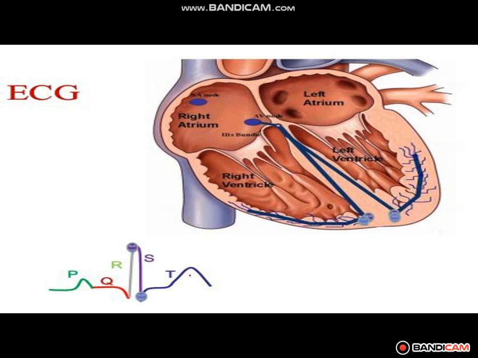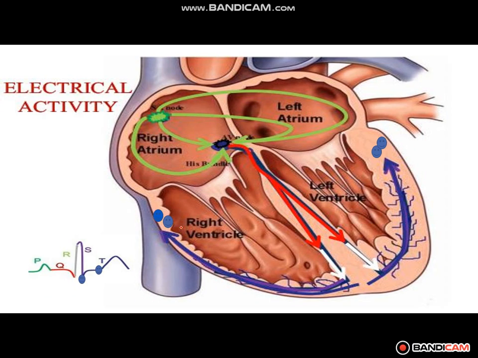When they are at the middle point and near the apex, they produce the first part of the R wave, which you can see in the gray color. When the electrical impulse reaches the apex of the heart, it produces the remaining part of the R wave and the S wave. You can see it at this point.